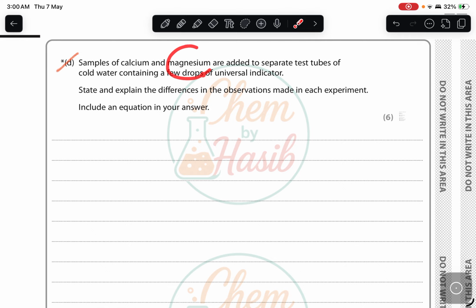Now when you add magnesium to water, it may give very few bubbles or may not give effervescence, because magnesium is less reactive compared to calcium. Maybe you may not see the effervescence.